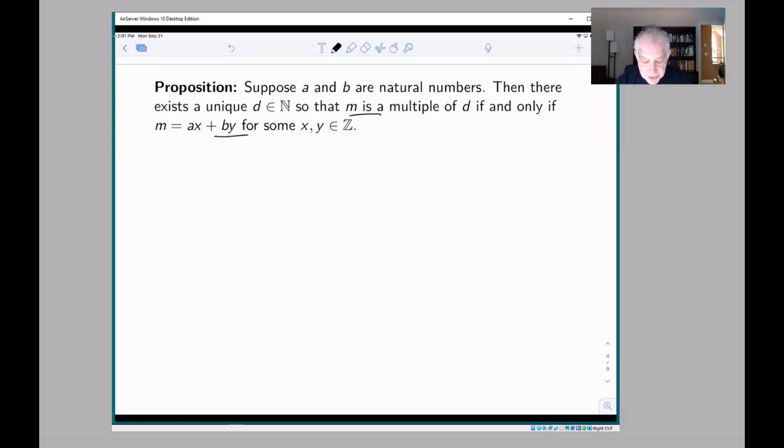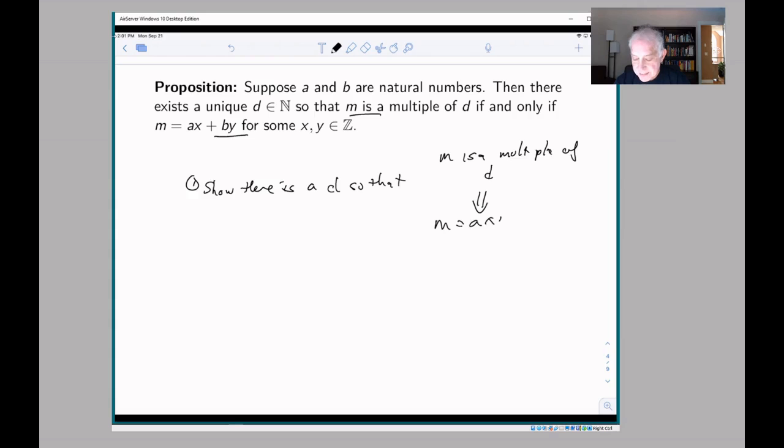So first of all, show there is a D, so that first M is a multiple of D implies M equals AX plus BY, and then the opposite.